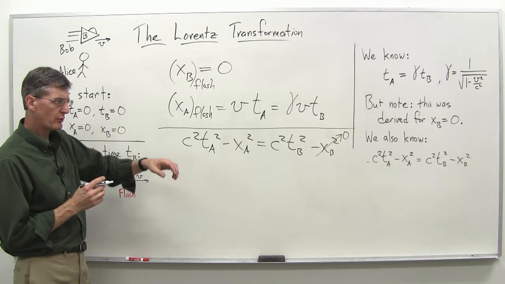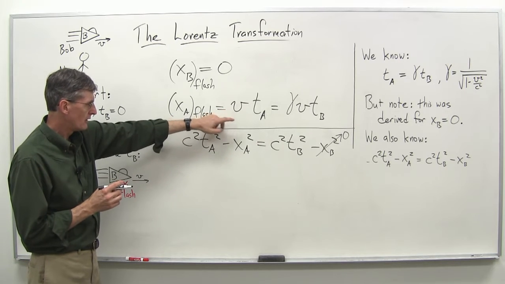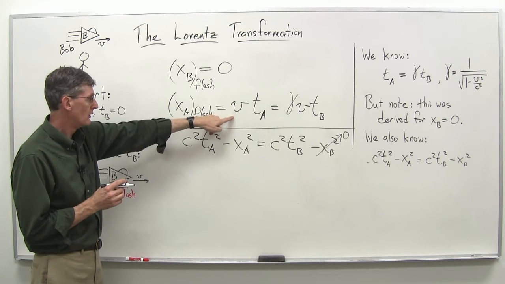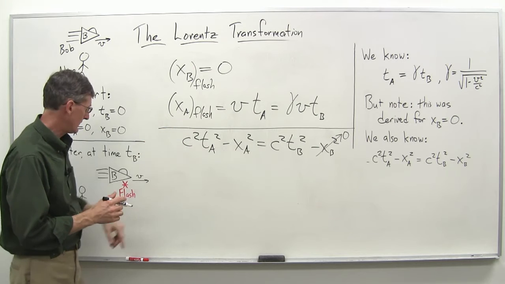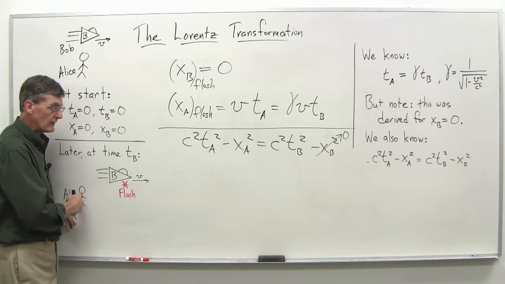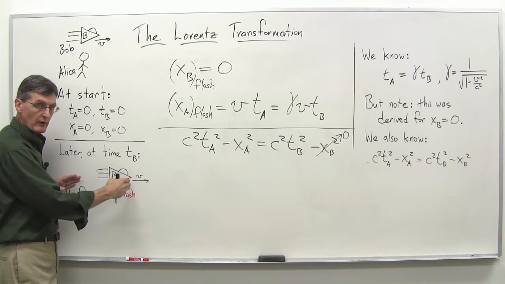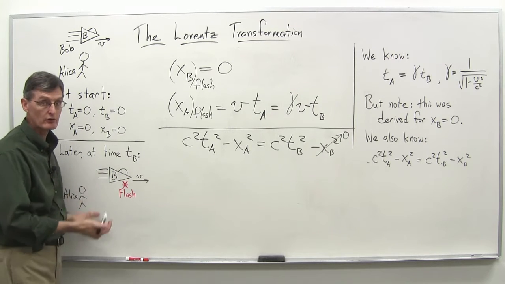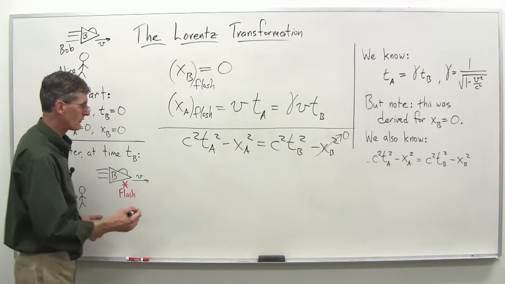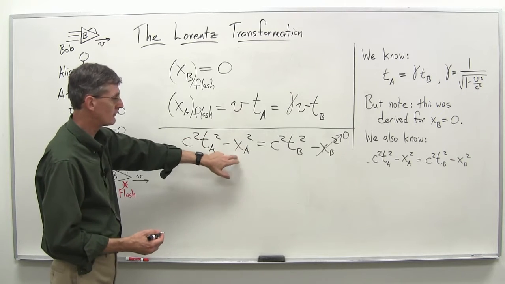Then let's also put in v t_a for the flash of light. Again, that's Alice's distance for the flash, because it's just the velocity of Bob times how much time elapsed on her lattice of clocks. So let's plug this in here.